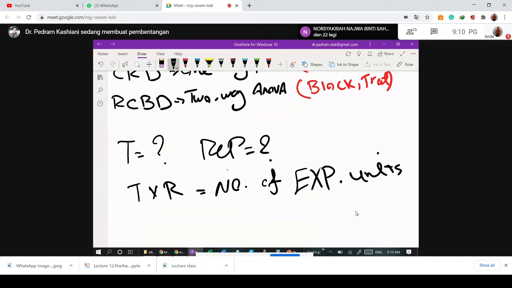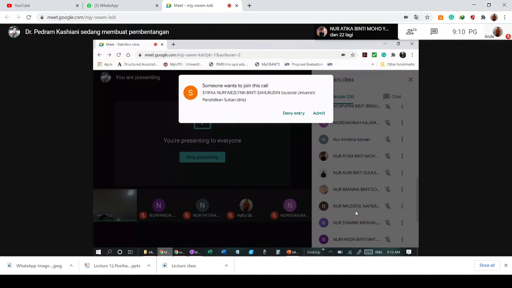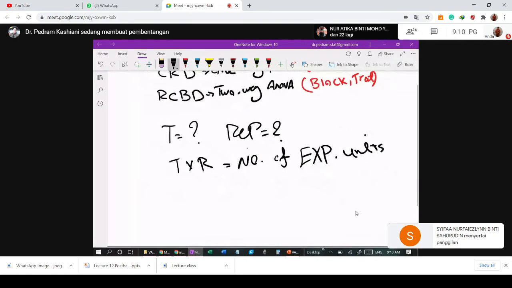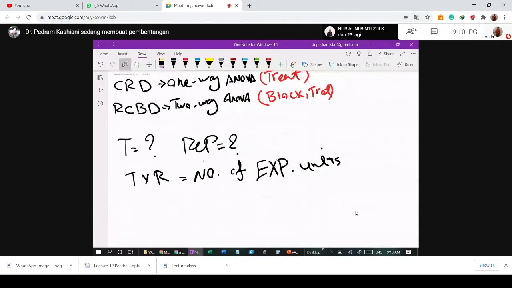If you are able to find this many experimental units uniform, you do this in CRD.